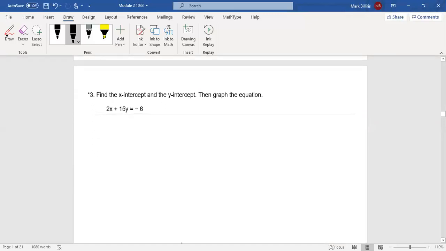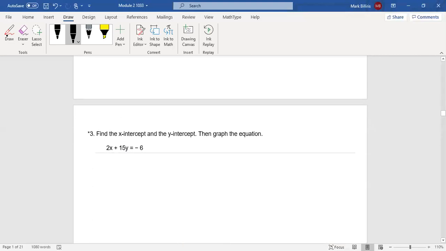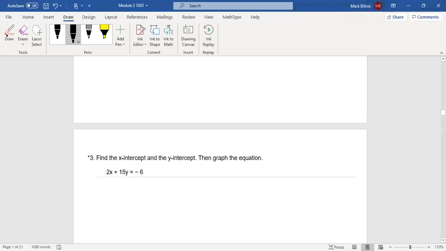Okay, so now here's another method of graphing, and that's to find the x- and y-intercepts and plot those 2 points on our graph. So remember, when we're finding the x-intercept, which we'll do first, we set y equal to 0. So to find the x-intercept, I set y equal to 0. So now I have 2x + 15 times 0 = -6.